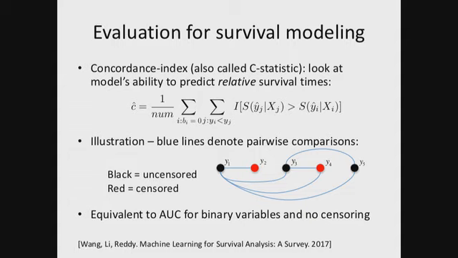And what you want is that the likelihood for the event that, in essence, should occur later should be larger than for the event that should occur earlier. I'm going to first illustrate it with this picture, and then I'll work through the math. So here's the picture, and then we'll talk about the math. What I'm showing you here are every single observation in your data set. And they're sorted by either the censoring time or the event time.